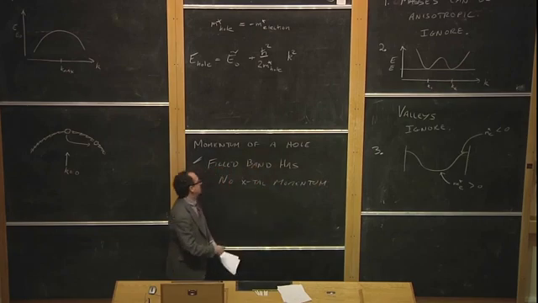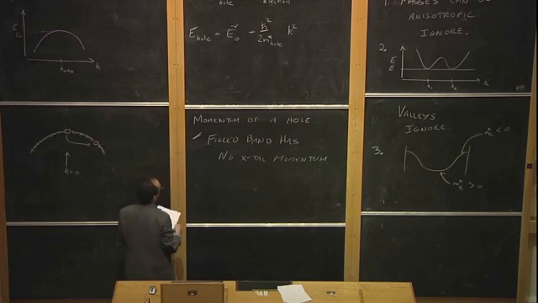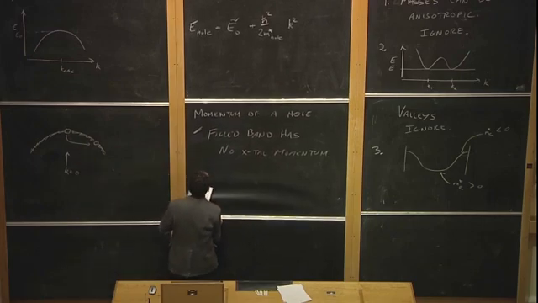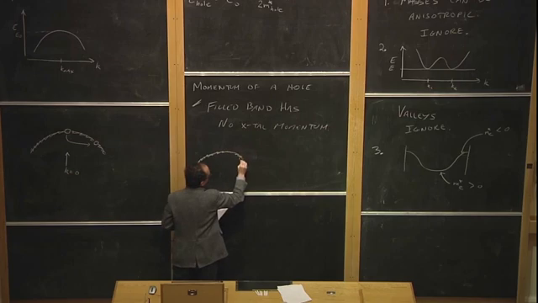Carrying no current, it's inert, has no crystal momentum at all. So if we want to know what the momentum is of a hole in the top of the band, let's imagine here's our band. We fill the entire band like this, except for one state which is missing out of a k state like this.